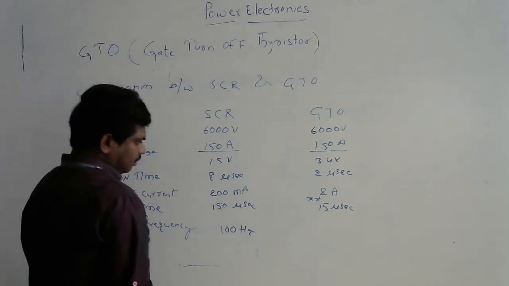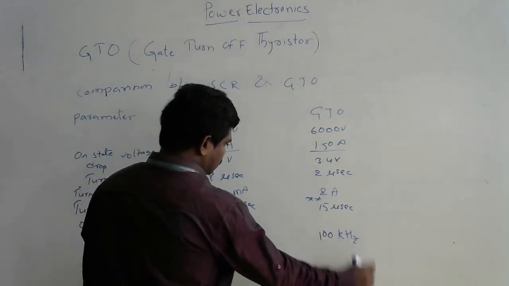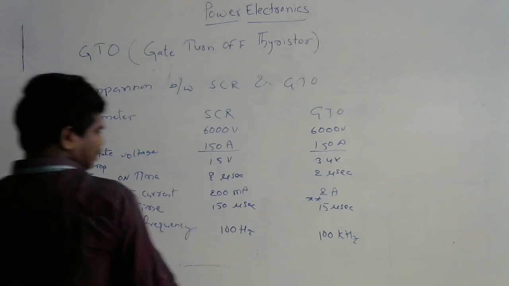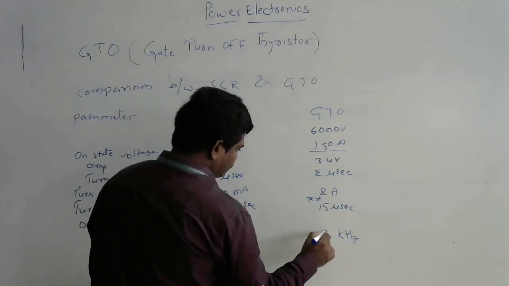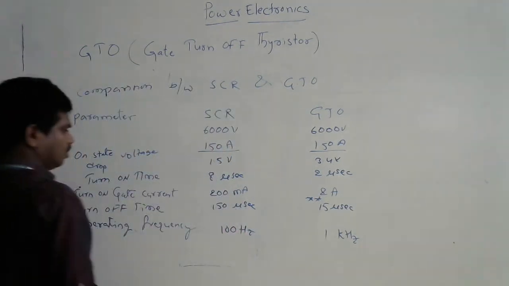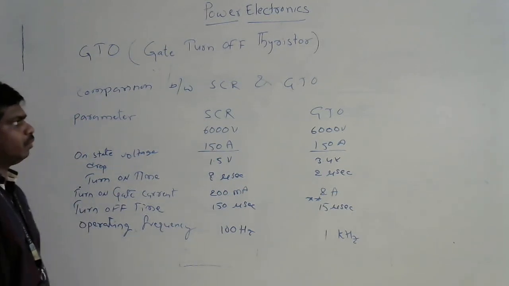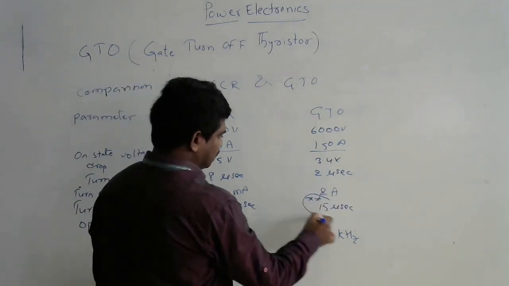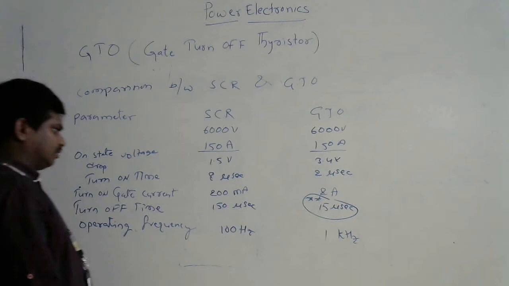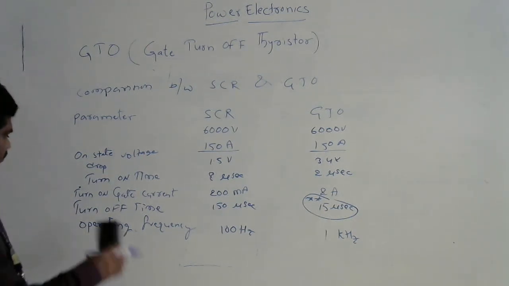The GTO is not for 100 kilohertz, it is for 1 kilohertz. So these are some parameters by which we can compare SCR and GTO, where GTO has a huge advantage at the gate turn off.